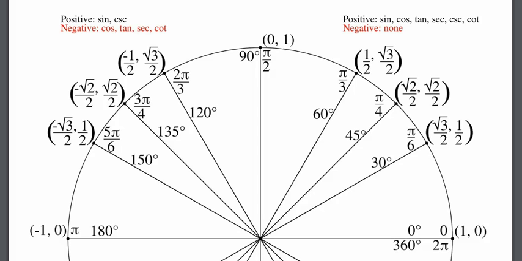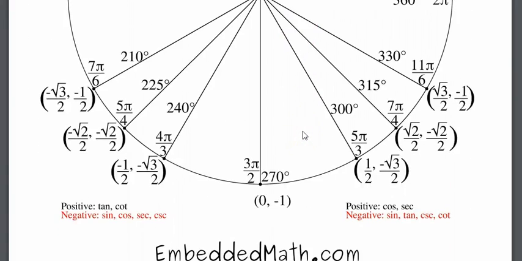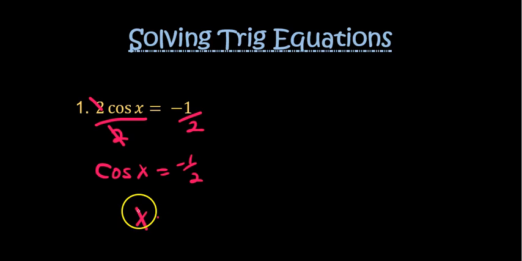And you'll notice that it happens right here at 2 pi over 3. But if we scroll down, it will also happen here at 4 pi over 3. So I actually have two answers that work for this problem. So x equals 2 pi over 3 and 4 pi over 3. That is my solution set for this.